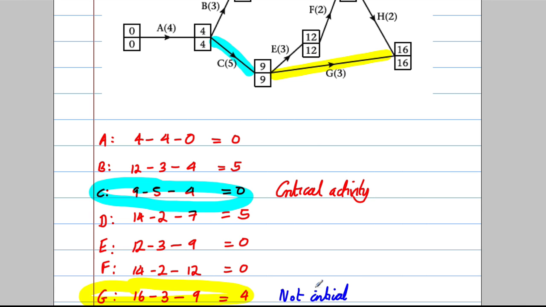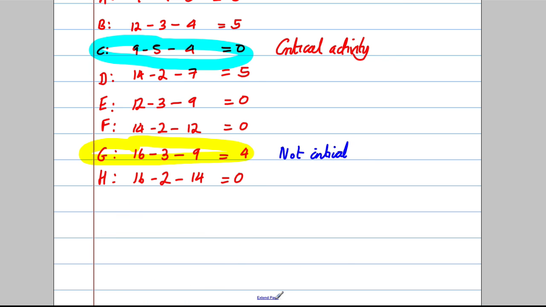Okay, so a critical activity, this is something we should define down here. What does it mean for C to be a critical activity?